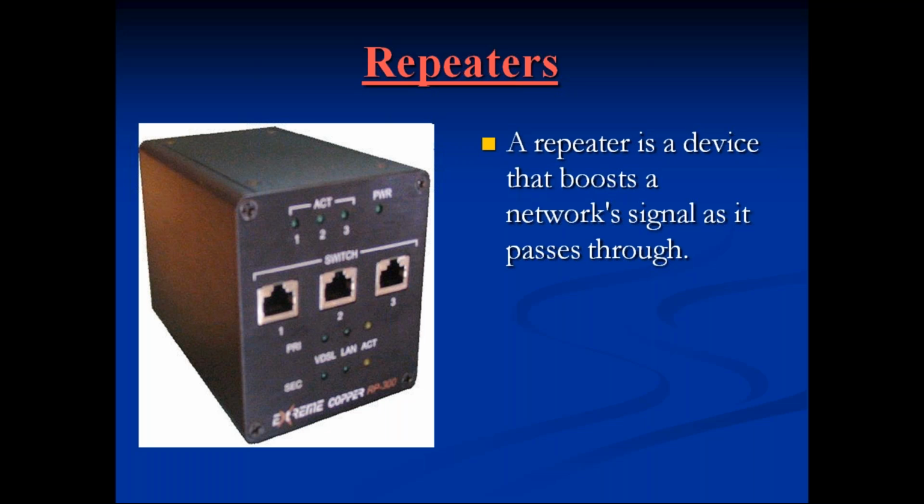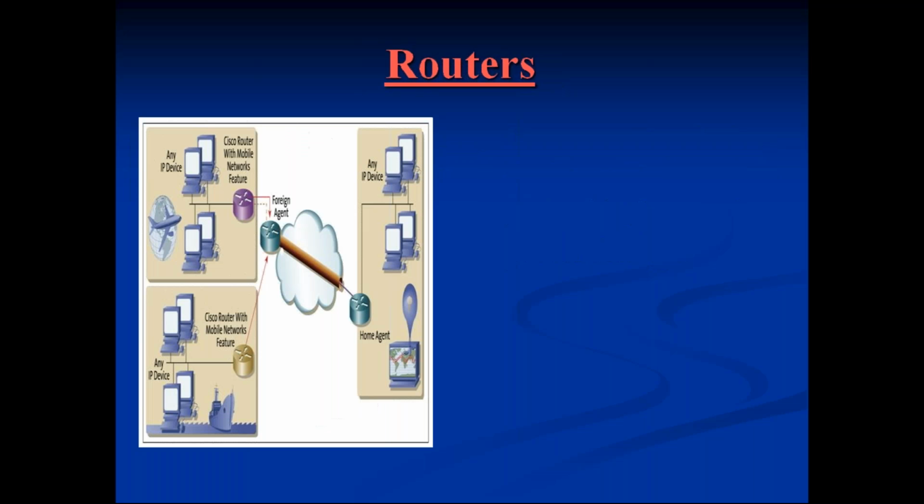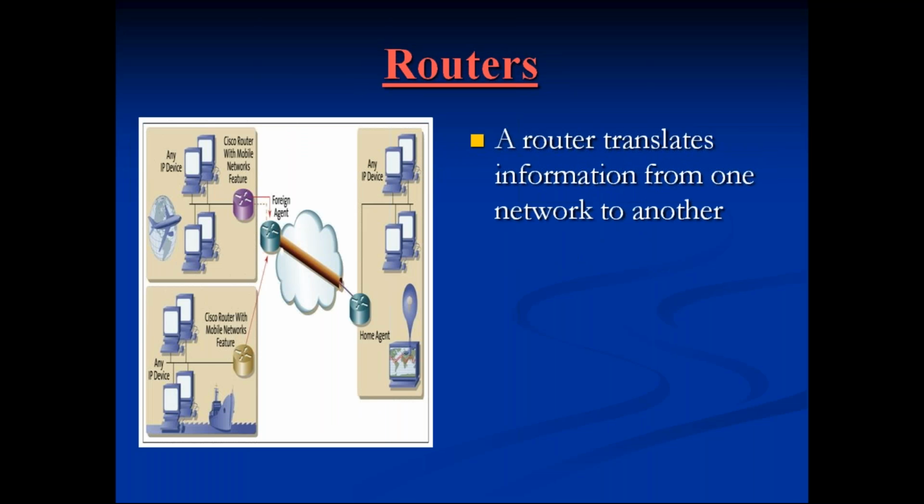So after 500 meters, your network communication is not properly coming, signal is weak, then you can keep one repeater. Again, it will expand. So other 50 meters or 100 meters, depending upon the capacity of your repeater. It repeats the signals. So routers, already we discussed, routers can communicate to different geographical location LANs in the network.